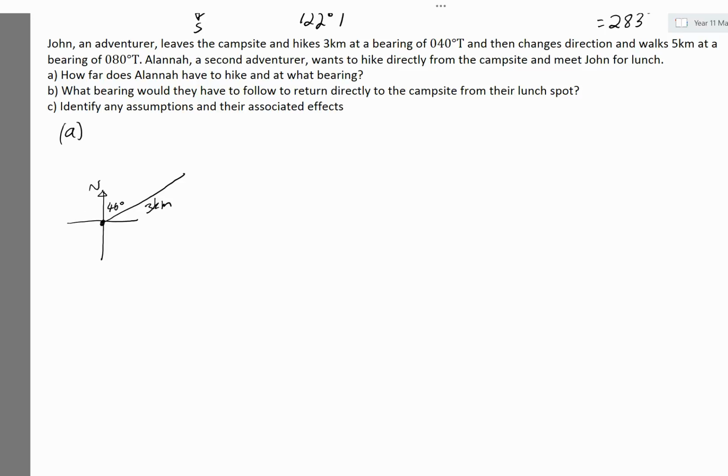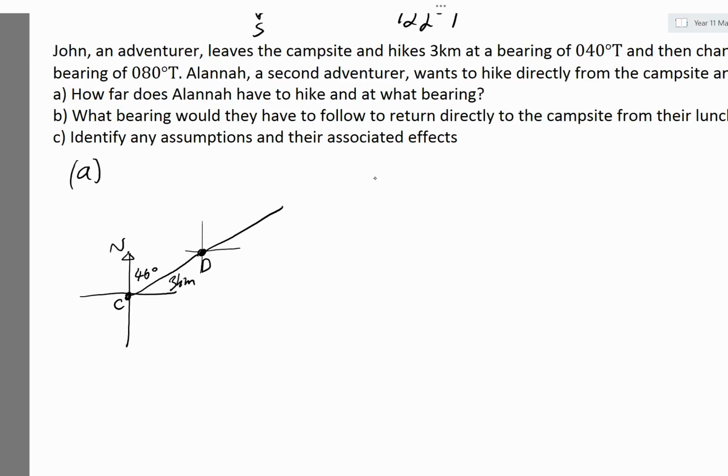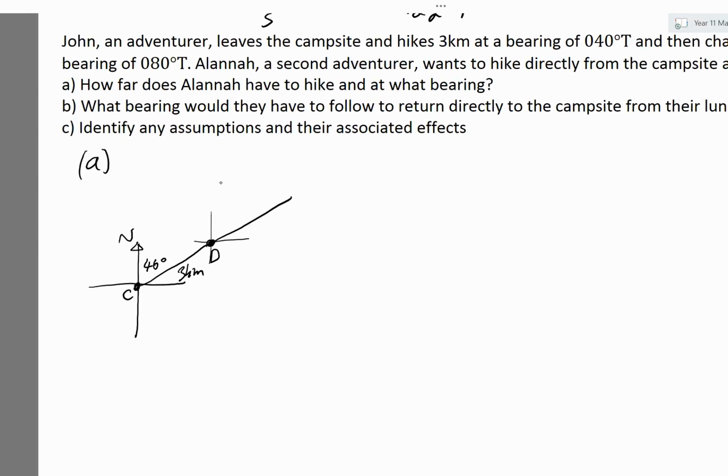And then he changes direction and walks. I'll call this C for the campsite. Call this D. Changes direction and walks for 5 kilometers at a bearing of 80 degrees.